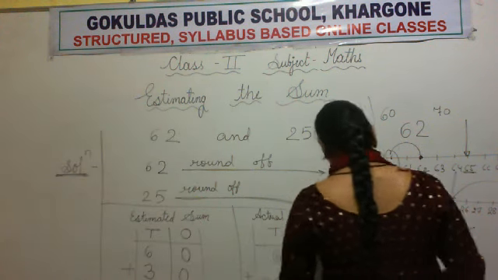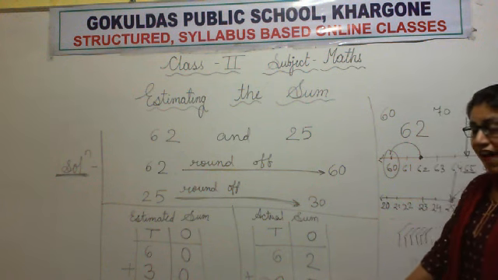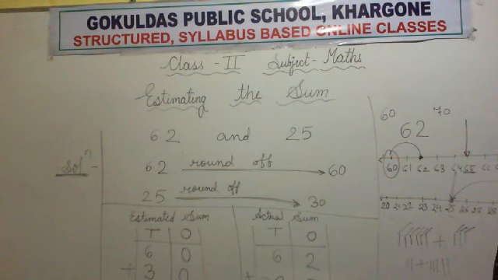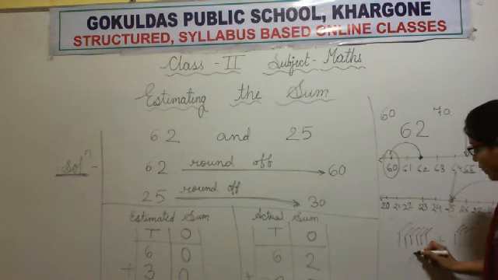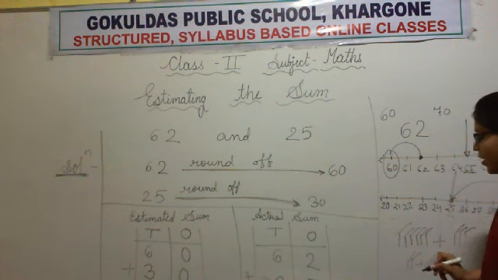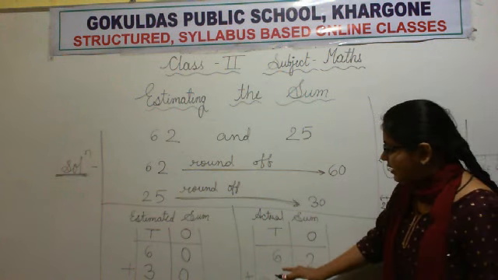2 plus 5. So we will draw 2 sticks first. Then the next number is 5, so we will draw 1, 2, 3, 4 and 5 sticks. Now let's count how many sticks are there. 1, 2, 3, 4, 5, 6, 7. So we will write the number 7 here. Now 6 and 2.